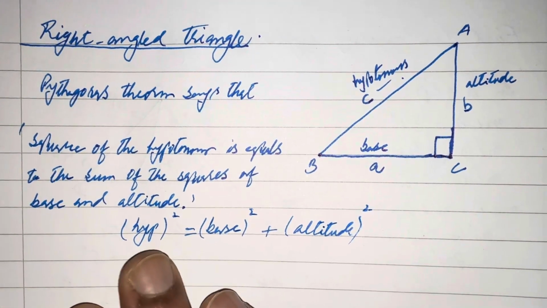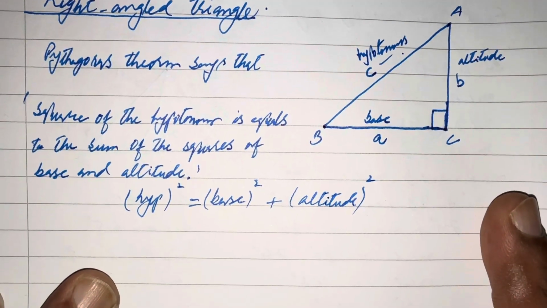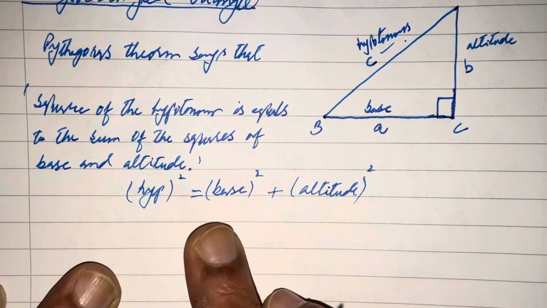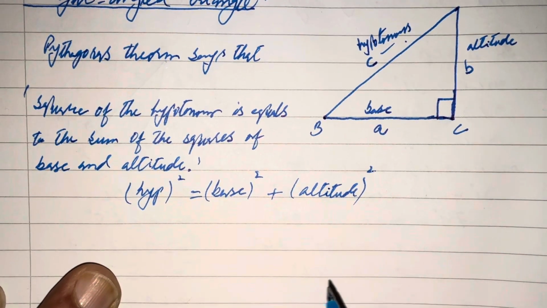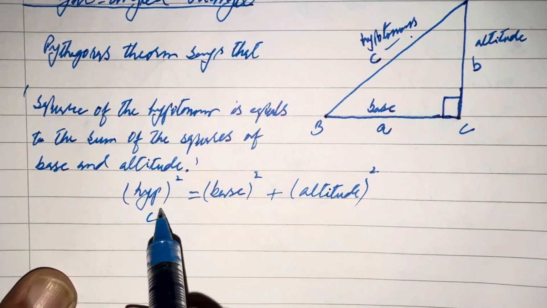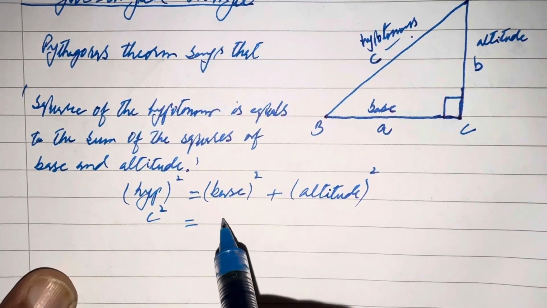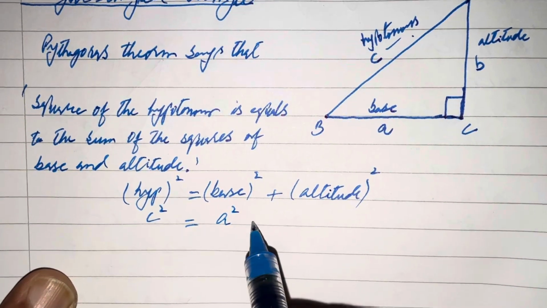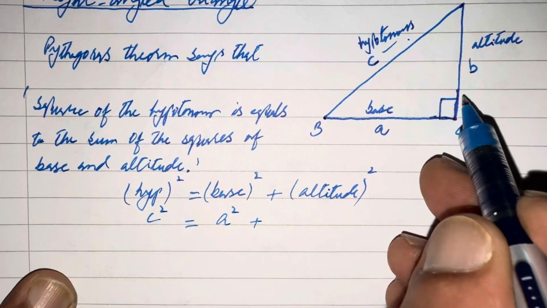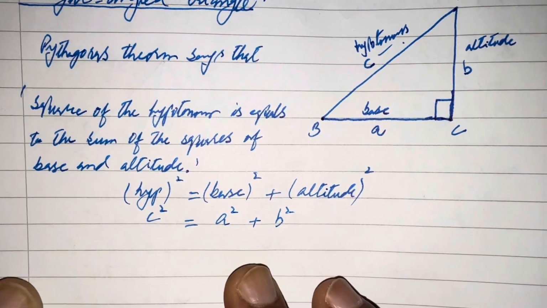So that's the mathematical form of the Pythagoras theorem, and most simply we can write C as the hypotenuse. So the square of C is equal to the base A squared plus the altitude B squared.